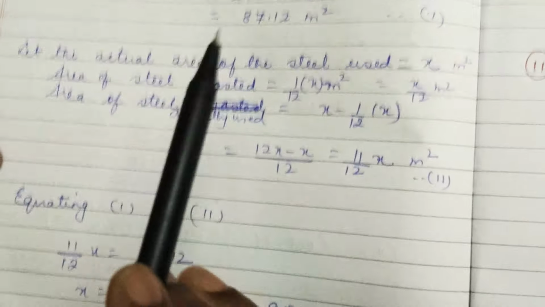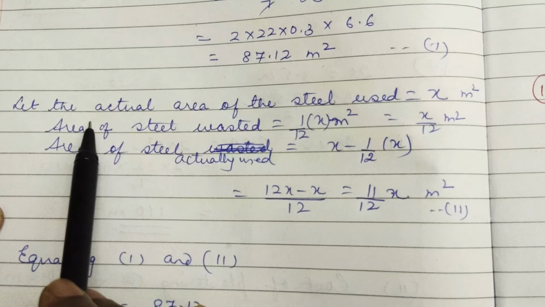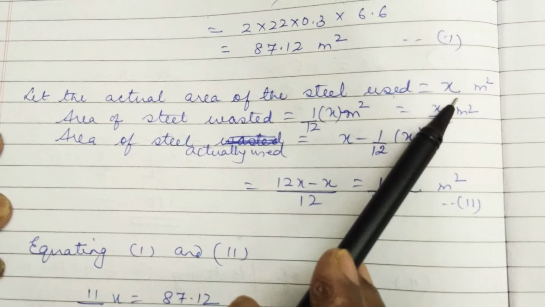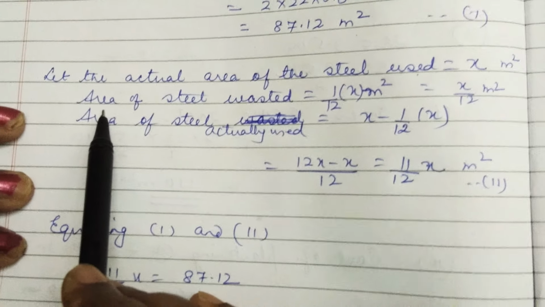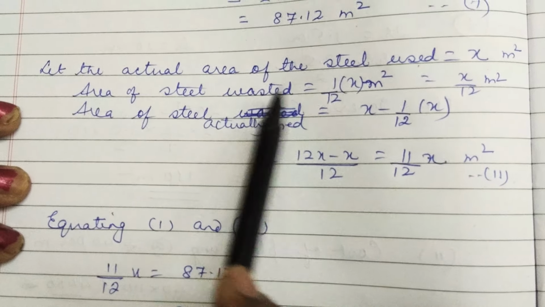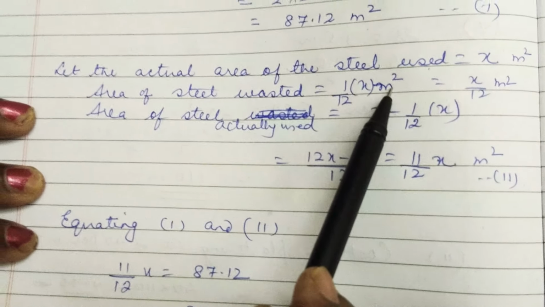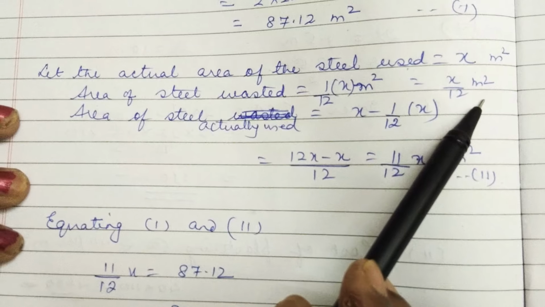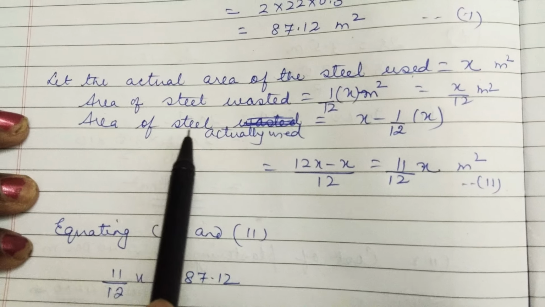Now, let us assume that the actual area of the steel used was x meter square. According to the question, area of steel wasted was 1/12 of the total area of the steel used, means x/12 meter square. So what was the actual area of steel used?